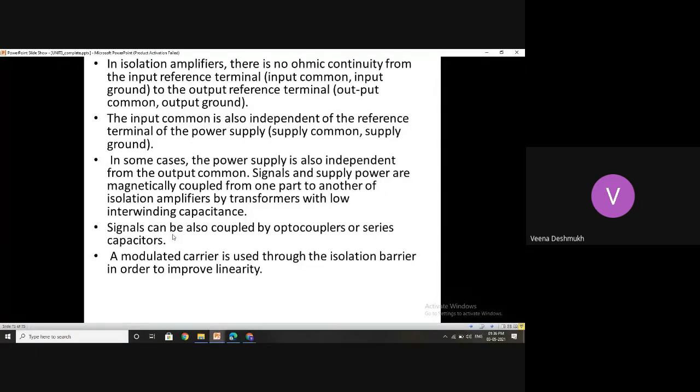So signal can also be coupled by optocouplers or series capacitors. Now these optocouplers are basically very useful couplers, or instead of calling them optocouplers, you can call them opto-isolators, where 100% isolation is possible by making use of two-way or three-way couplers.